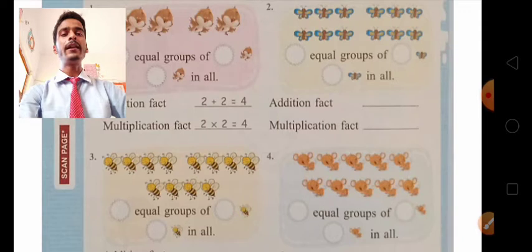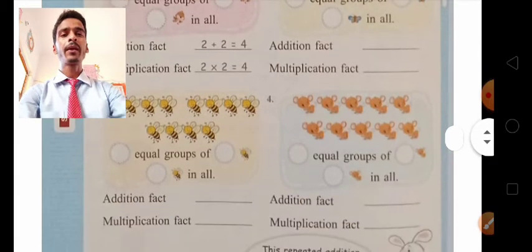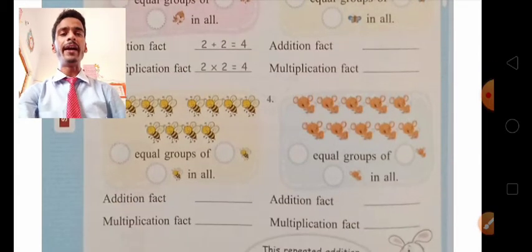In all there will be 12. Why 12? When we write the addition fact, we can write it as 4 plus 4 plus 4, because there are 4 in the first group, 4 in the second group, and 4 in the third group.